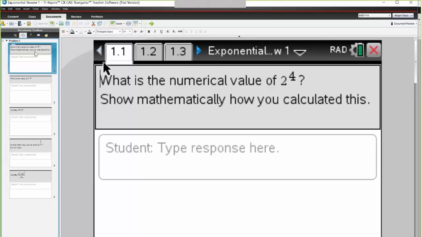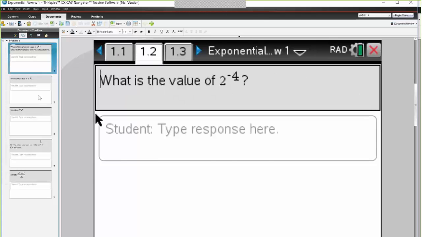They were just seeing how much they did remember. And what I like about the Navigator system is that I can send this document out to the students wirelessly, and they write in their answers to the questions.